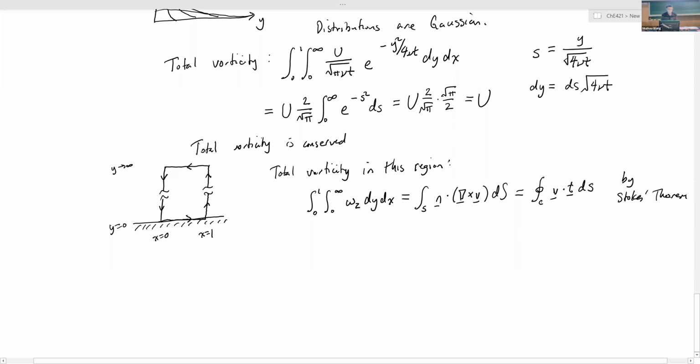And it turns out that we actually already calculated this up here. But if we pretend like we didn't know that a priori, we can calculate the right-hand side of this very easily.